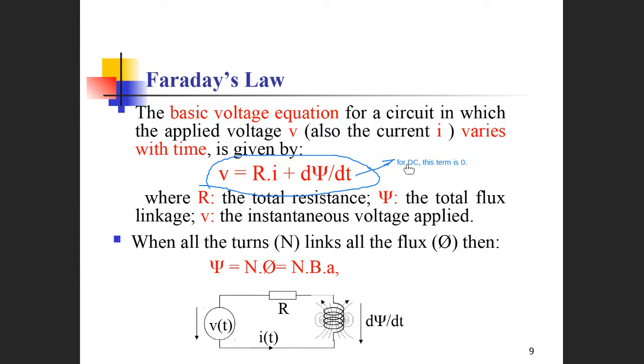For a DC circuit, because there is no change of the current and voltage against time, there is no change of the magnetic field linkage to the coils. So this term disappears. That's why we have Ohm's law, just like these two terms. Now the question is how much flux is produced by a given current, and how does the current change with time?